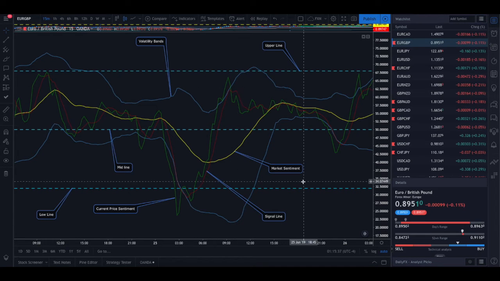The yellow line is essentially the market sentiment, the overall direction the market is going. Think of the market sentiment like, let's say, a 200 EMA. It just tells you the general direction, the general bias of the market.